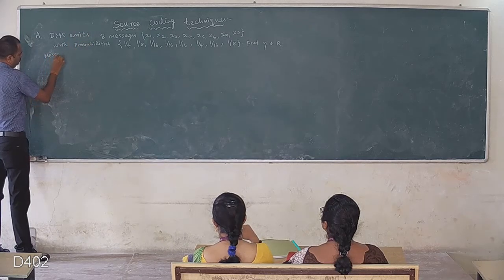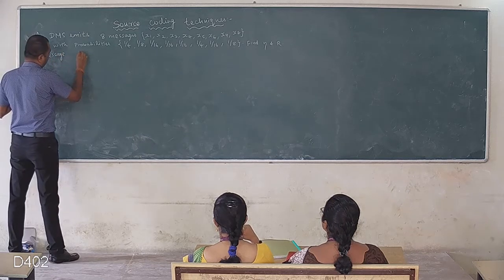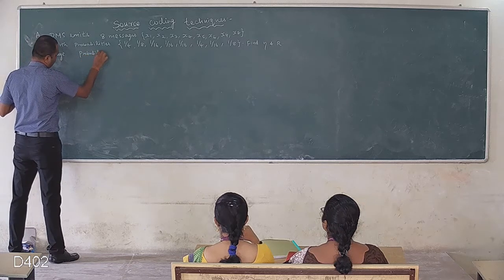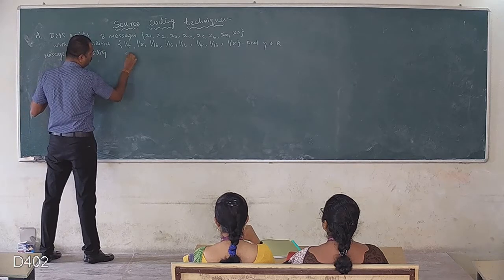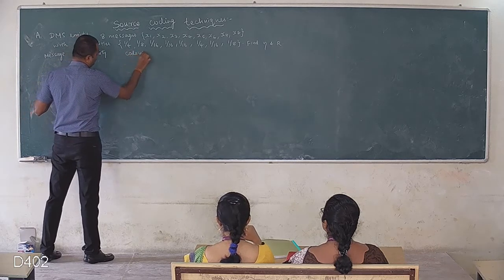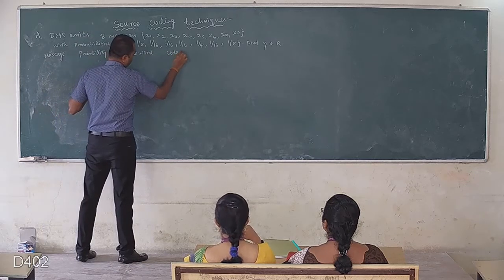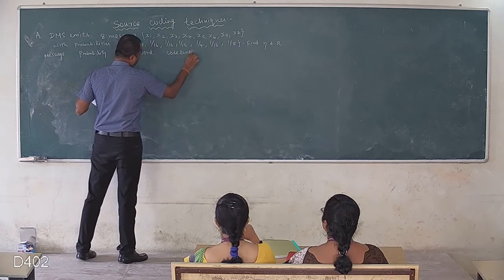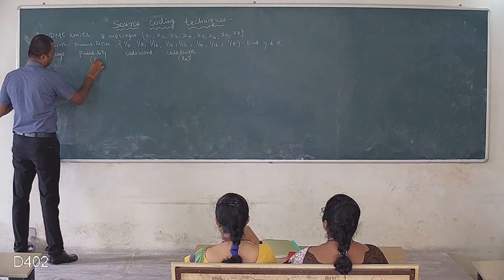I'll write messages followed by the probability of its occurrence, then the encoded message, or I can call it a code word, then code length. The notation for code length is LK. Probability I can call PK.